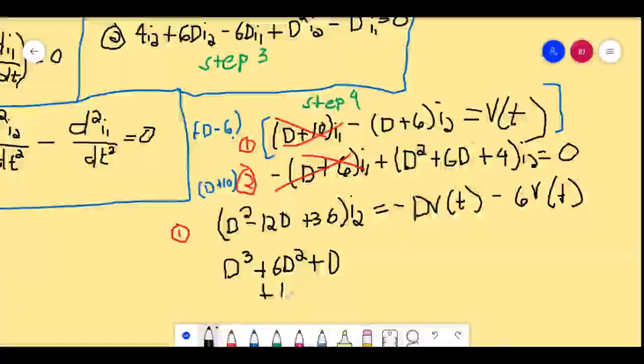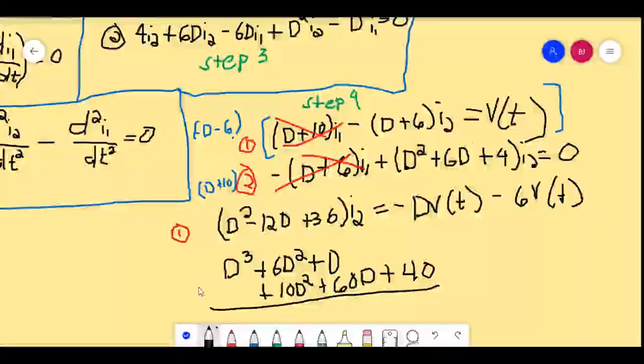Then multiply the 10, 10d squared. Ten times 6d would be 60d. And then 10 times 4 is 40.